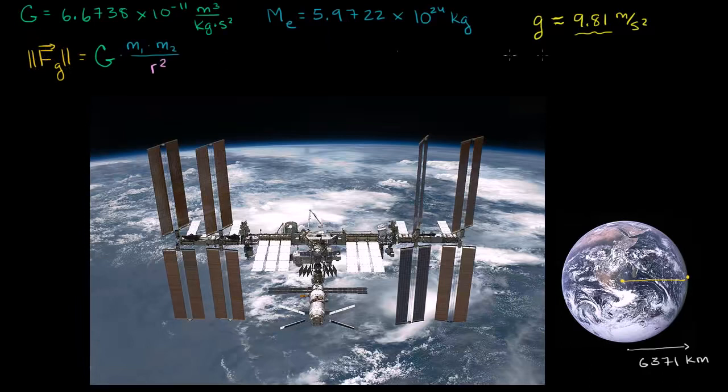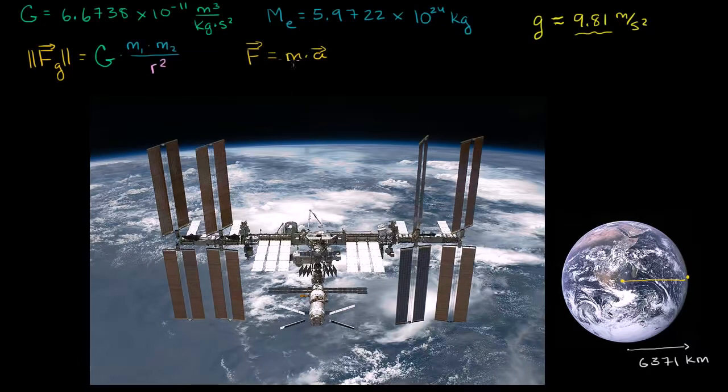If we want to figure out the magnitude of the acceleration, which this really is, I actually didn't write this as a vector, so this is just the magnitude of the acceleration. If you wanted the acceleration, which is a vector, you'd have to say downwards or towards the center of the Earth in this case. But if you want the acceleration, we just have to remember that force is equal to mass times acceleration.